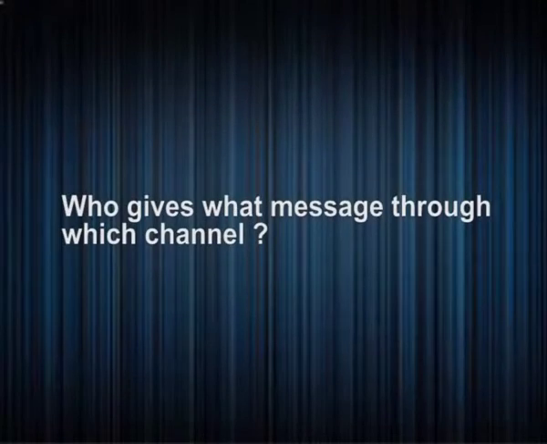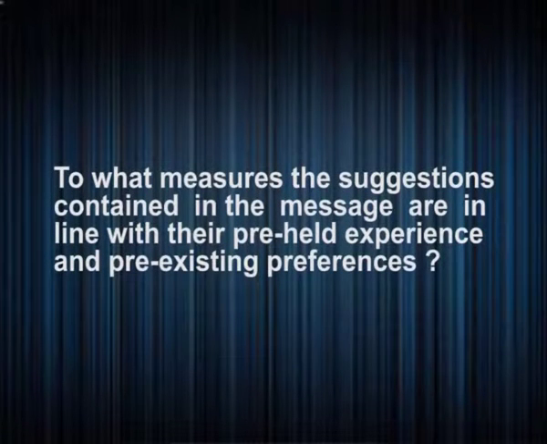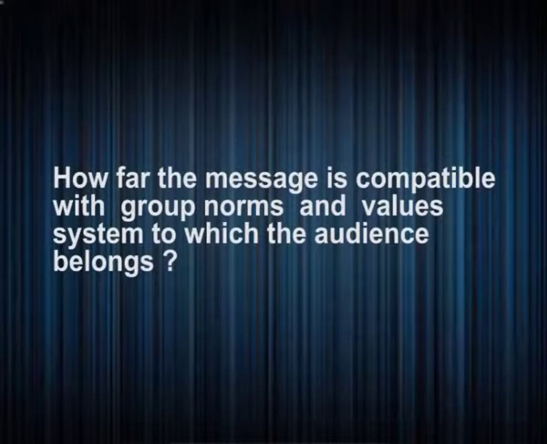The attitude of an audience towards the message largely depends upon who gives what message through which channel, to what extent the content of the message satisfies their needs and intentions, to what measure the suggestions contained in the message are in line with their pre-held experience and pre-existing preferences, and how far the message is compatible with group norms and the value system to which the audience belongs.